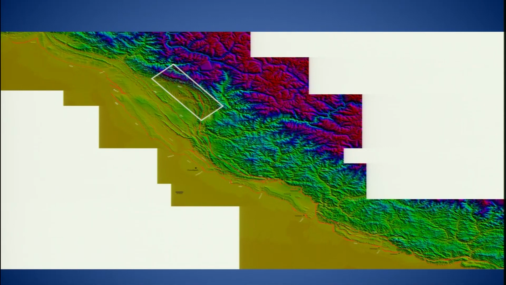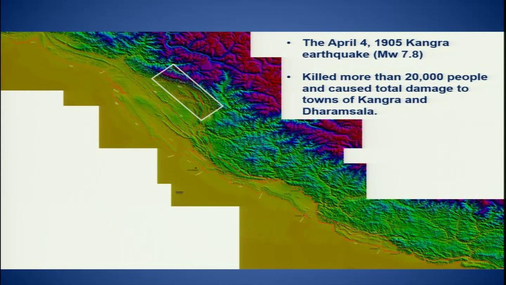So we took this portion and started using high resolution satellite photographs, with the understanding that the April 4, 1905 earthquake was of magnitude 7.8, killed more than 20,000 people and caused total damage to the towns of Kangra and Dharamshala. So we considered this as the epicentral area, and we thought that since the magnitude was 7.8, it must have resulted in surface faulting.